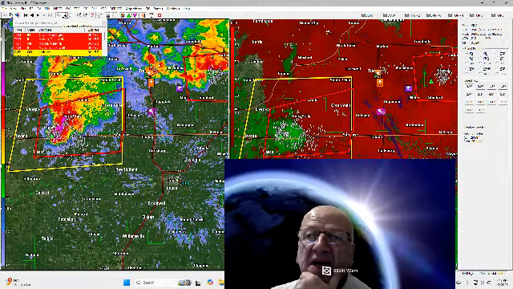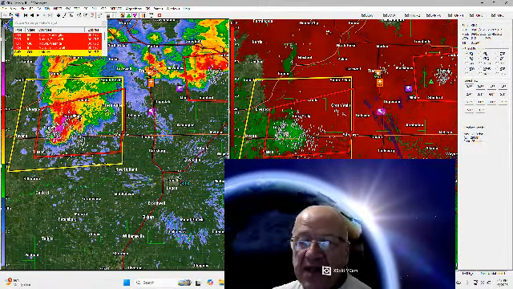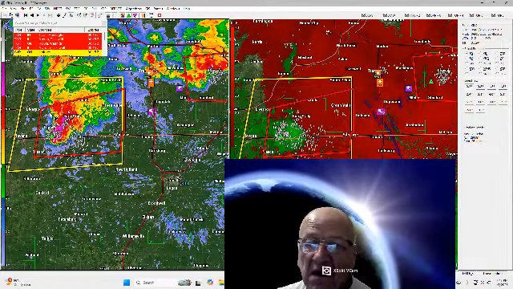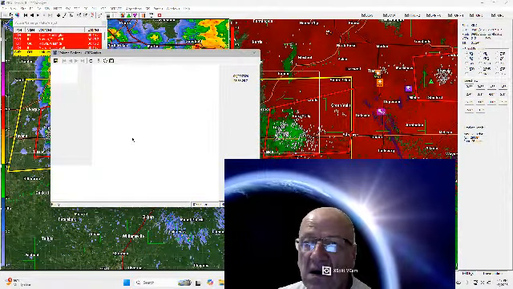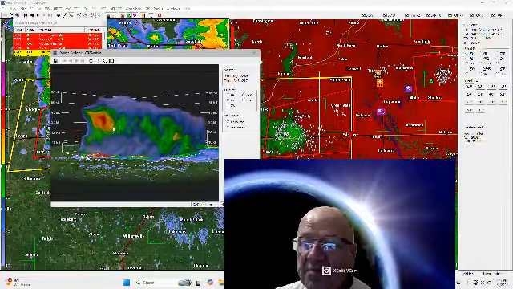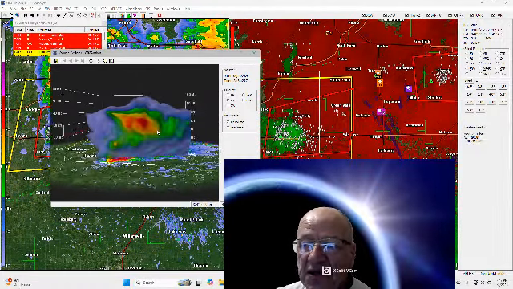We could take a look at how far these storms extend. These are extending up to or more than 60,000 feet. This is a look inside the storm.